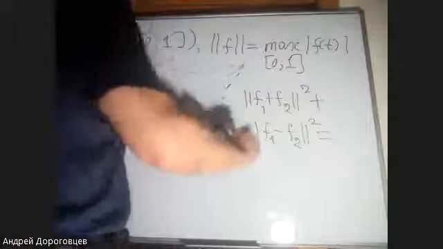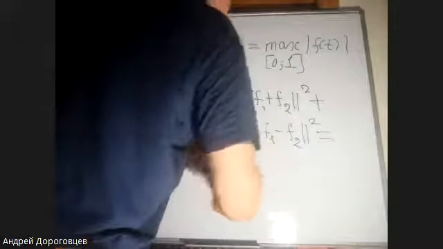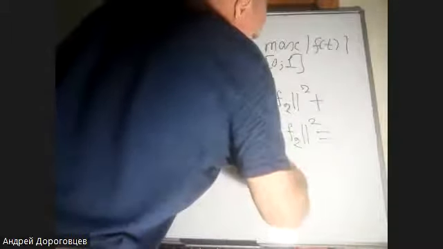Here we just have the sum of squares of all these sides, so 2 norm f1 squared plus 2 norm f2 squared. Okay.